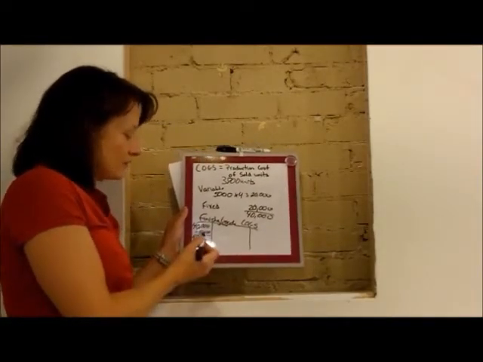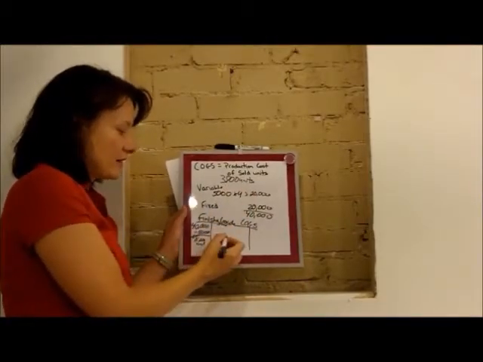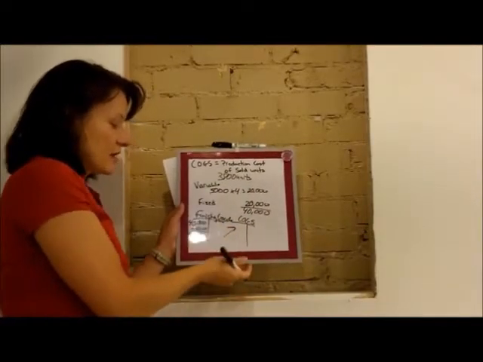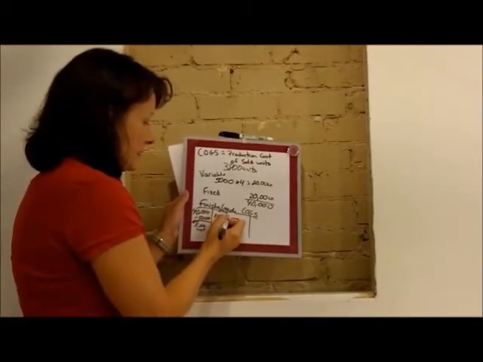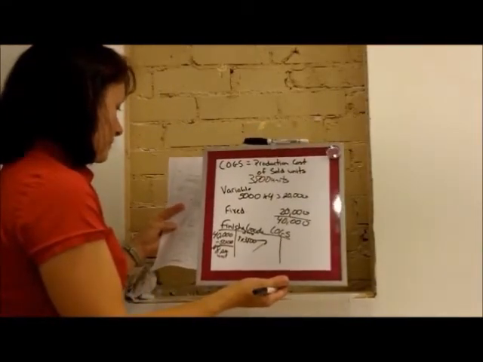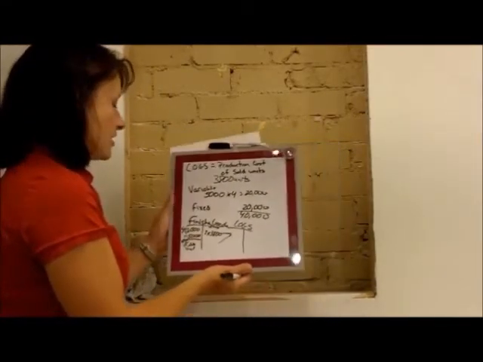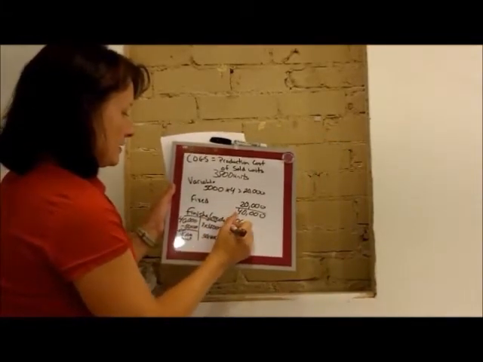So at $8 per unit, 3,800 units are coming out of finished goods, going into cost of goods sold. 8 times 3,800 is $30,400.